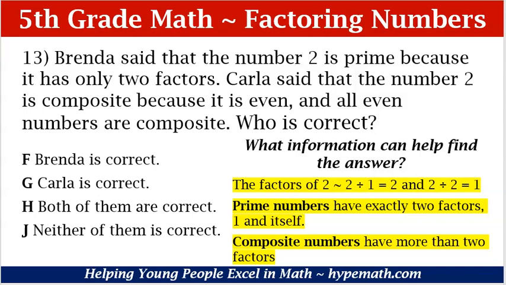The factors of 2 are 1 and 2 because these are the only two numbers that can go into 2 evenly. Let's review what are prime and composite numbers. We said that prime numbers have exactly two factors, 1 and itself, and composite numbers have more than two factors. This information is what we will need to answer the question.